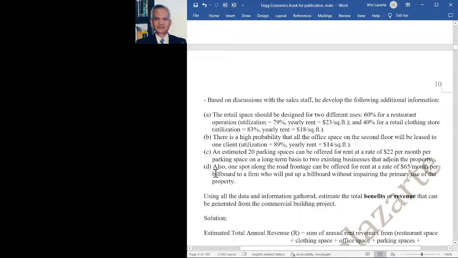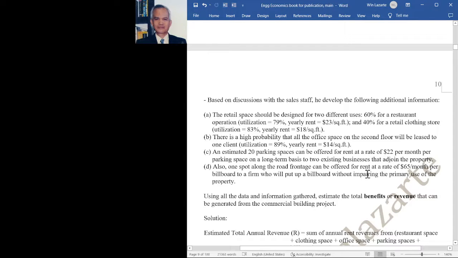Okay, letter D. Also, one spot along the road frontage can be offered for rent at a rate of $65 per month per billboard to a firm who will put up a billboard without impairing the primary use of the property.